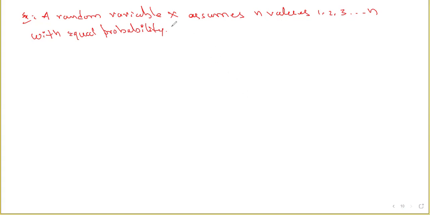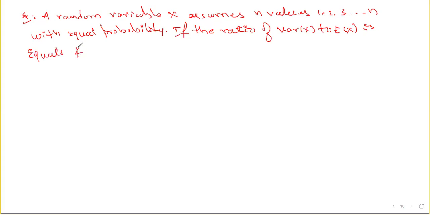Then, if the ratio of variance of x to expected value of x is equal to 4, find the value of n.